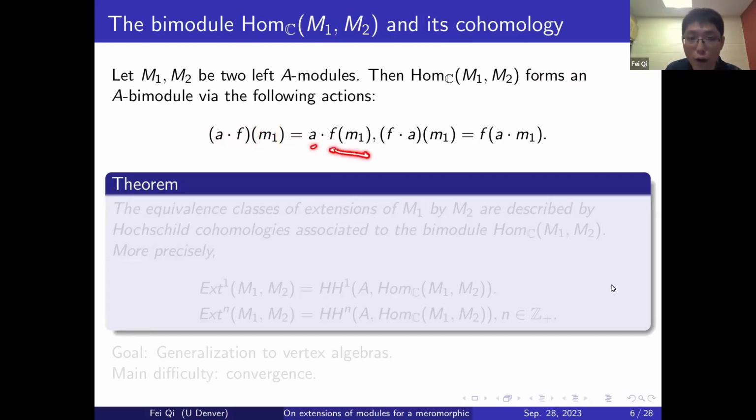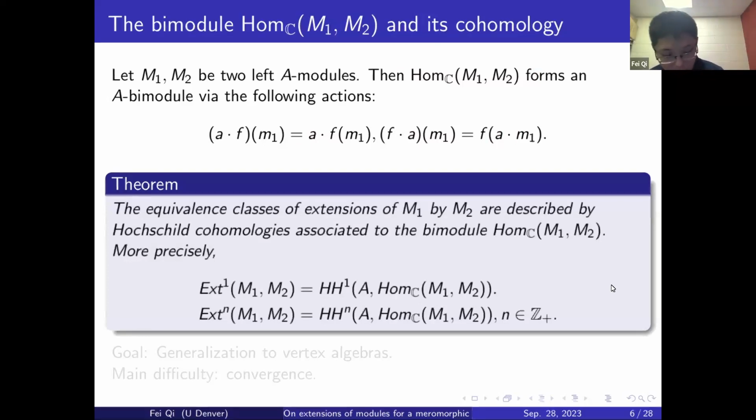So this is a left action of an algebra element A on F. For the right action, I would just let A act in the domain. Basically, the left action is the action on the codomain, and the right action is the action on the domain. You can check that these two actions make the space of linear maps from M1 to M2 a bimodule.